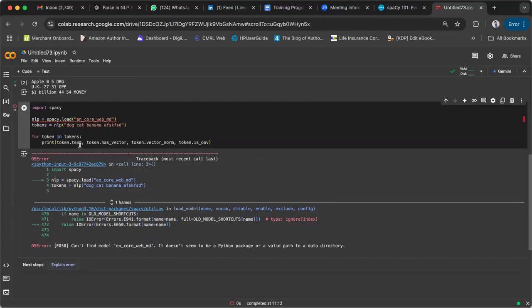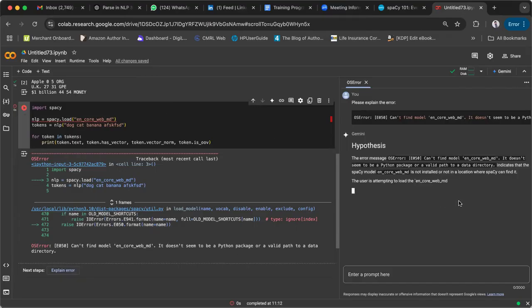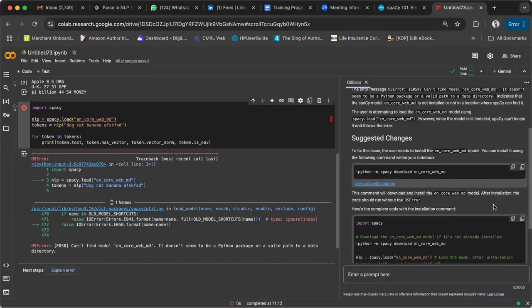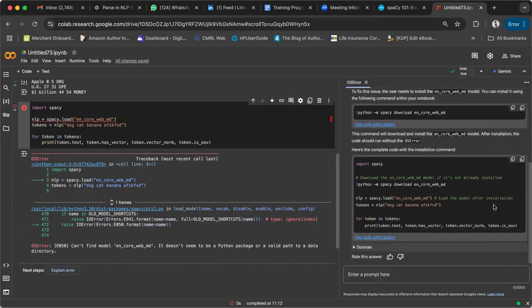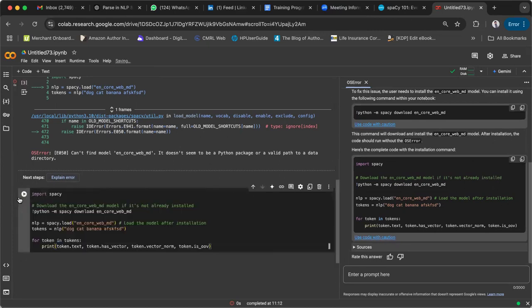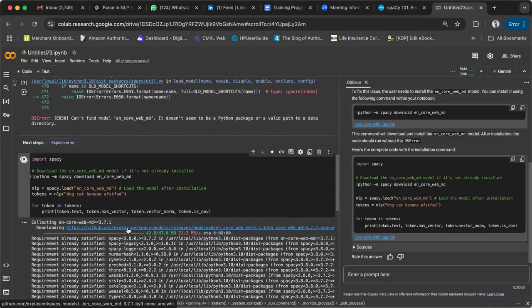I think we need to install it, because the en_core_web we used is a small dictionary, which is a very different thing. So it is loading the MD dictionary.